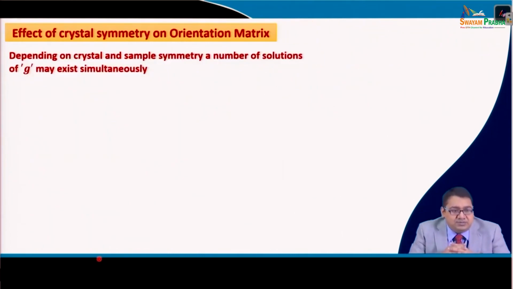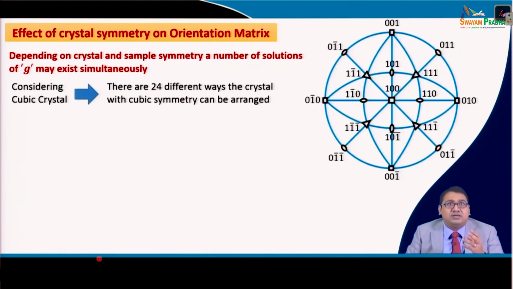I have said that depending upon the crystal and the sample symmetry, a number of solutions of the G matrix can exist simultaneously. So, let us consider the cubic crystal. There are 24 different ways the crystals of cubic symmetry can be arranged. This can be found even from the stereographic projection.